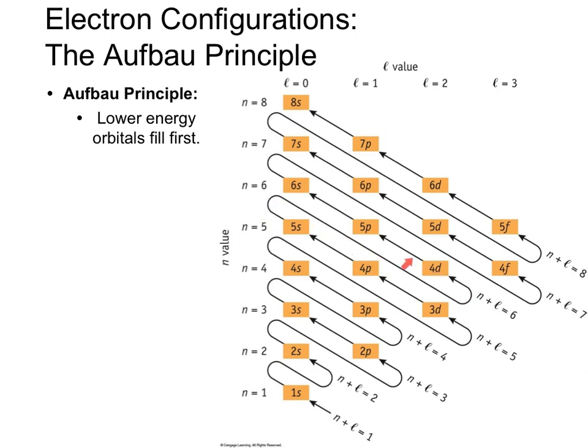Then to 4d, to 5p, to 6s. We don't actually fill 4f until after 6s. And then 5d, 6p, and so on, until we finally fill Bohr shell 8. This is a fairly complex diagram to memorize.